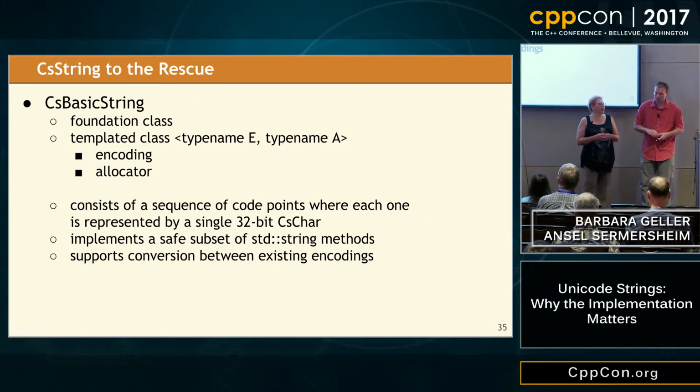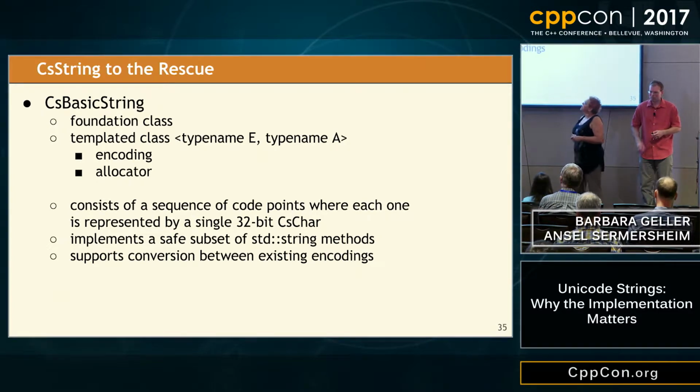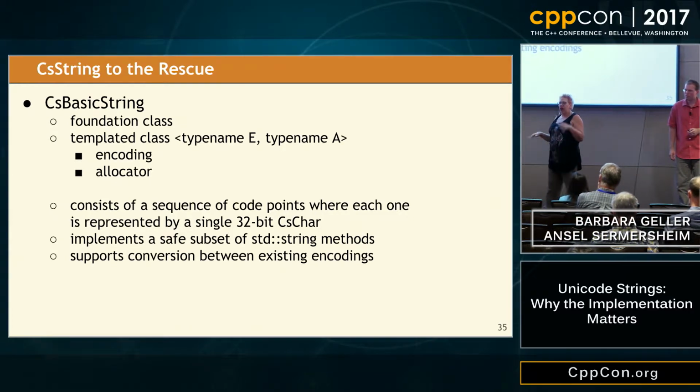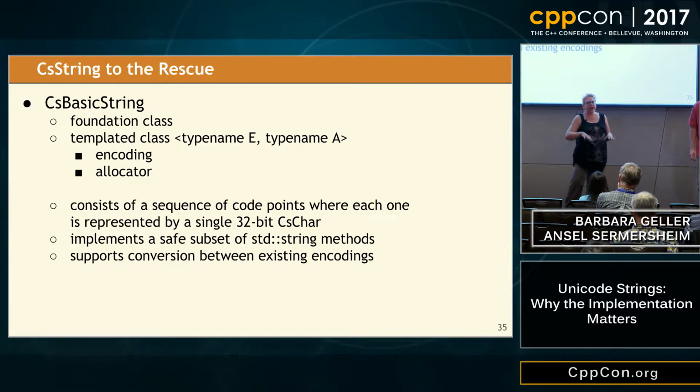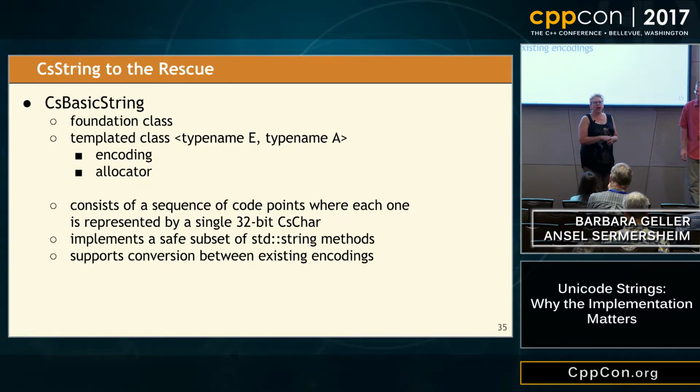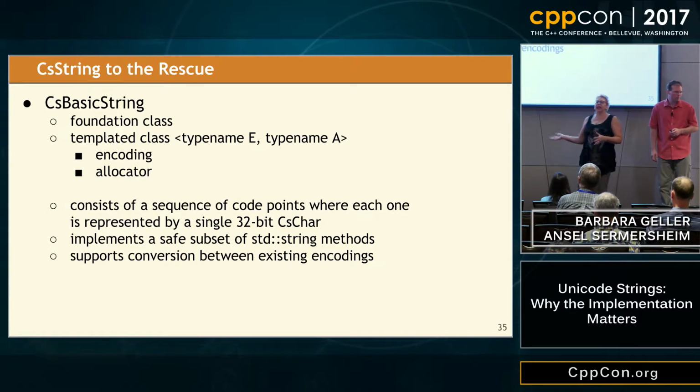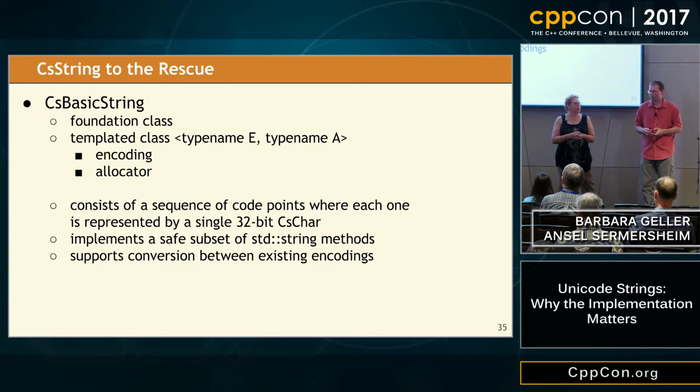But we needed to define what comprised the basic, and we're calling that CS basic string. It does allow defining your own allocators. We actually don't spend much time going over that. If you need to set up your own allocator, the library will take an allocator that you can pass to it.